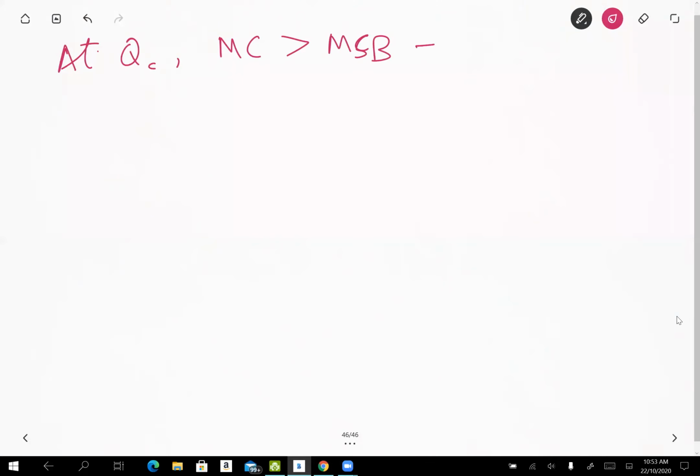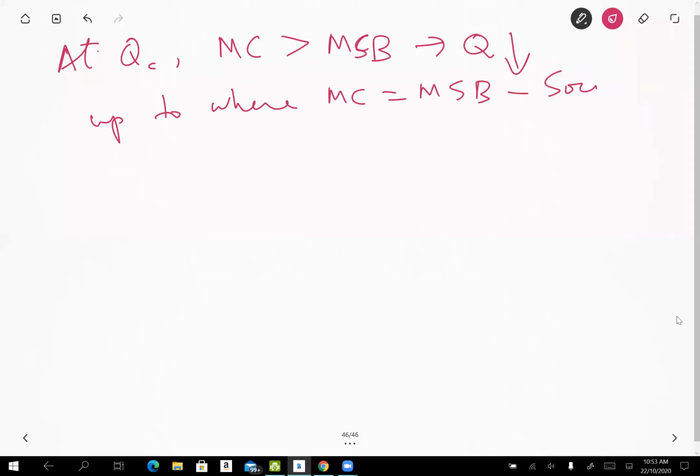So we reduce output, and that will go on up to where the marginal cost equals the marginal social benefit. And of course, this is the social equilibrium. So Q equals QS.